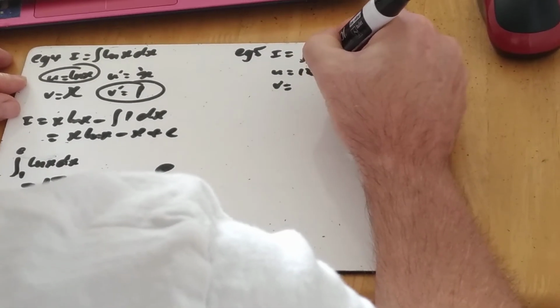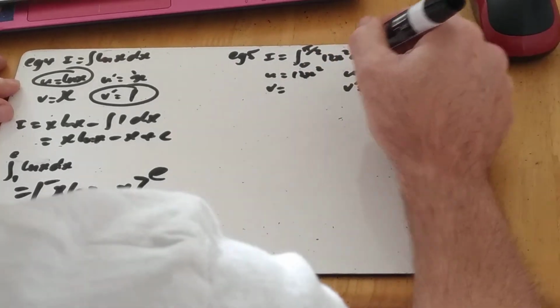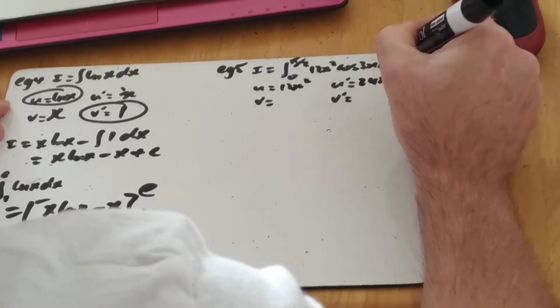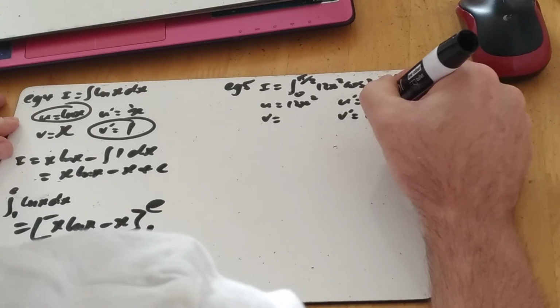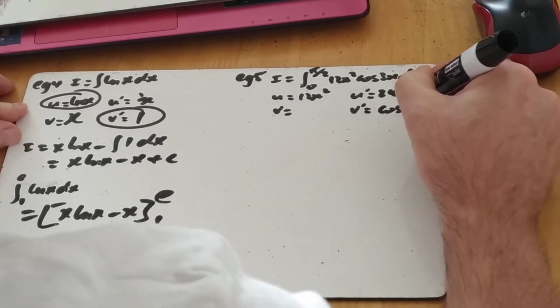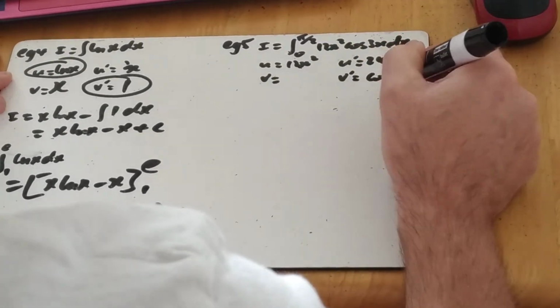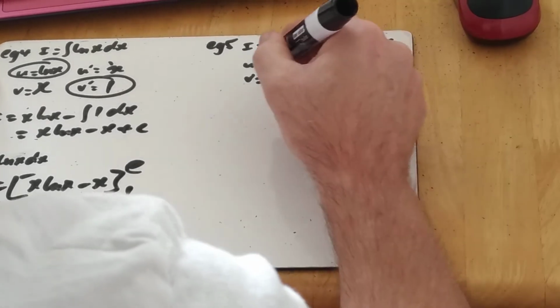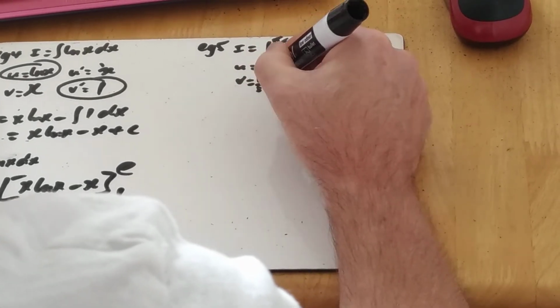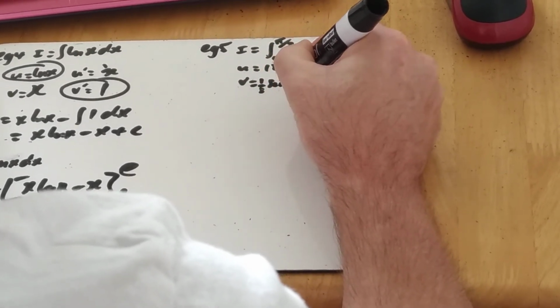So 12x squared goes in that slot there. Differentiate it, 24x. Cos 3x. To integrate, the differential sign is cos, so the integral of cos is sine, and because of the 3 I've got a third sine 3x.